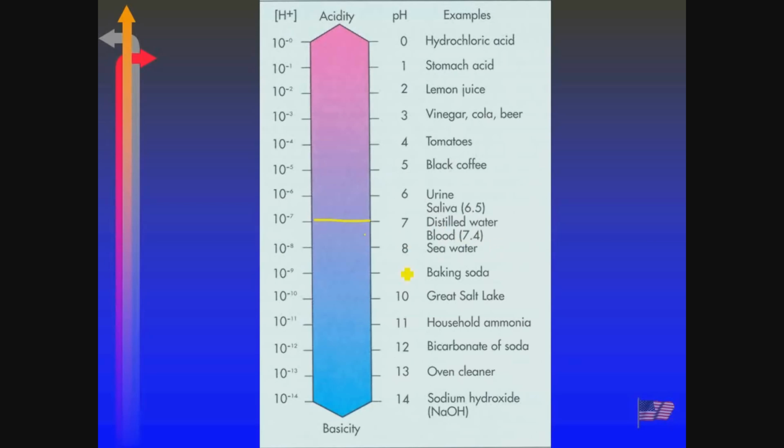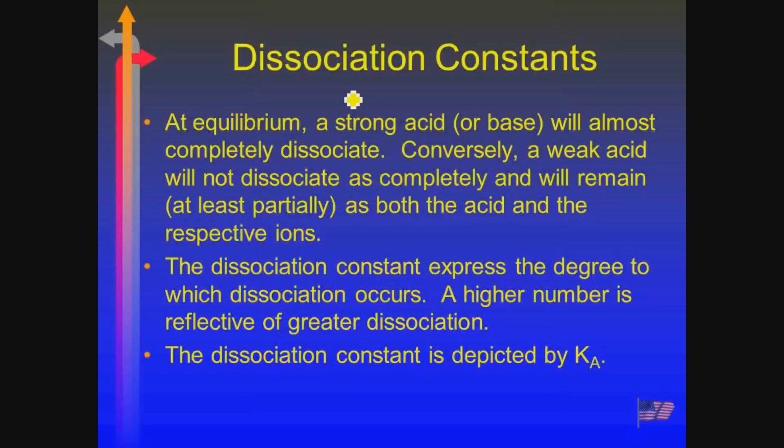Blood's a little bit on the alkaline side of that, and you can see as you go down, you get various other things that have very alkaline levels or very acidic levels going in the opposite direction. The degree to which they separate and dissociate from each other, the hydrogen ions, and let's say the chloride ions, the degree to which they separate is going to be called a dissociation constant.